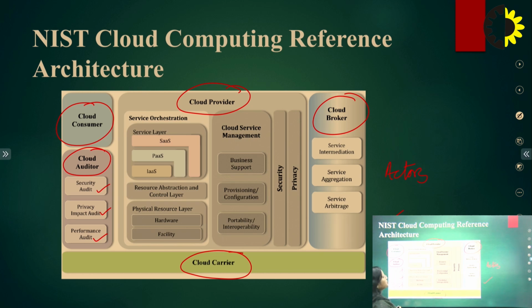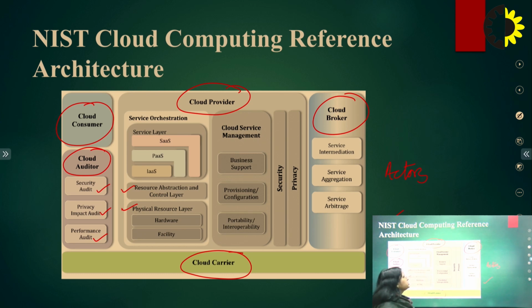Service orchestration provides different functionalities at the level of the service layer: software as a service, platform as a service, and infrastructure as a service. The next one is the resource abstraction and control layer, and the physical resource layer at the level of hardware and facilities.